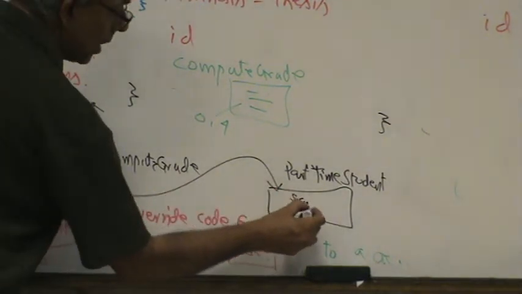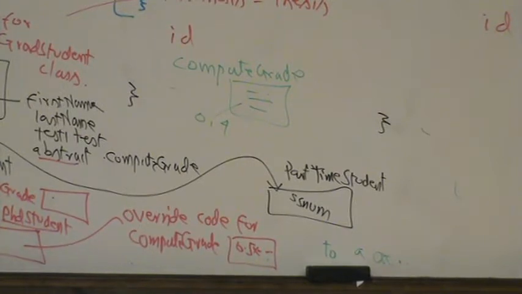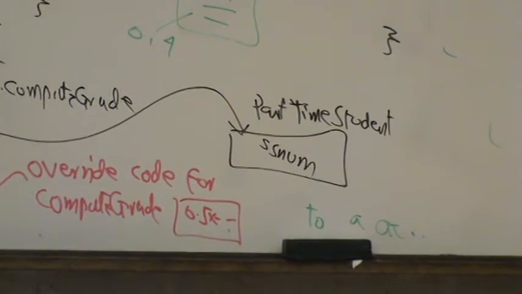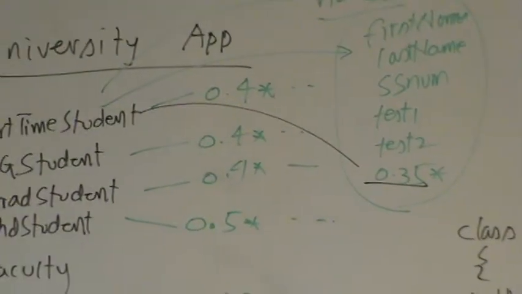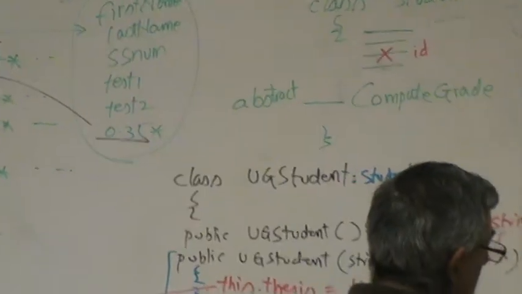Social security number. And what else will we do? Override compute grade with the 0.35 formula, right? So we said this is the 0.35 formula for part-time student, right? Okay. So our hierarchy, as you can see, will look something like this.